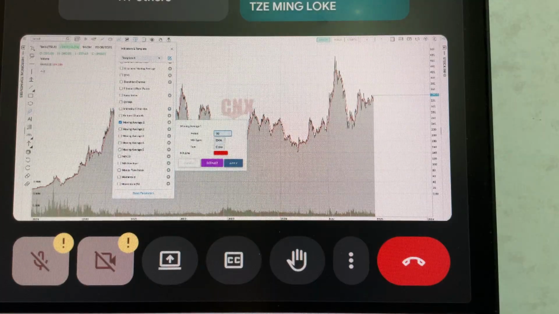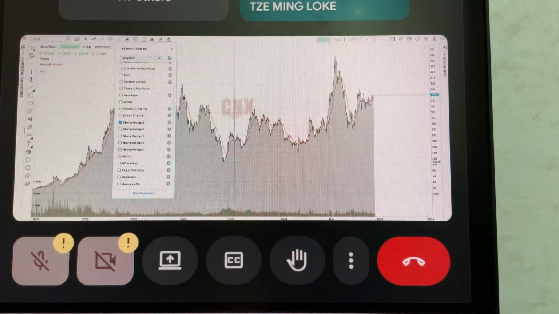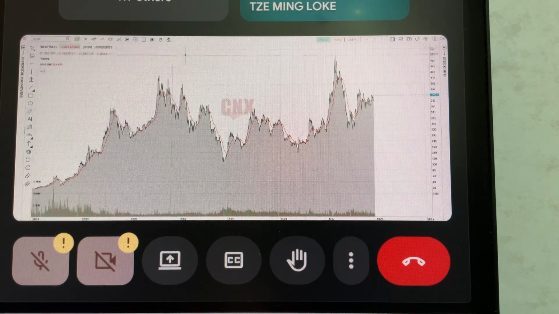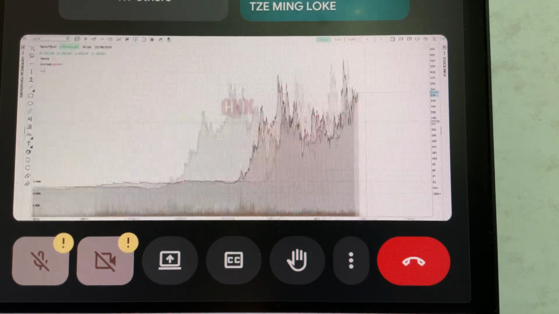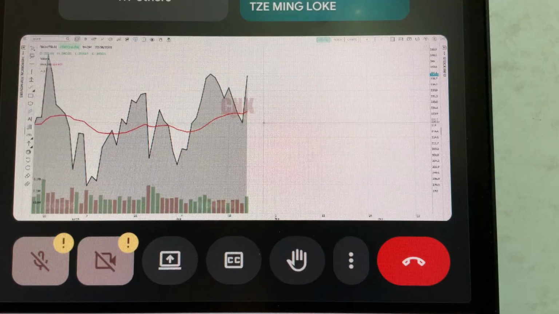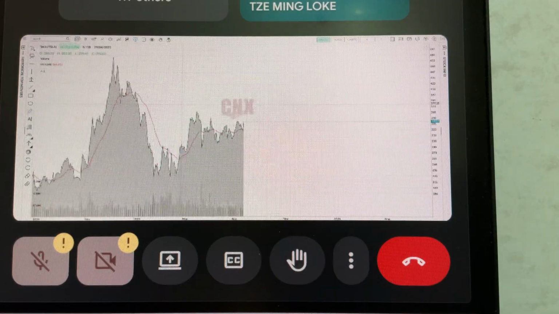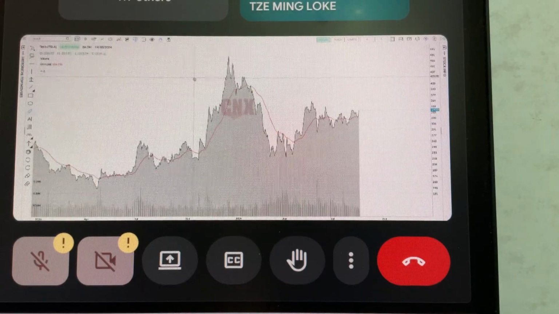If I use 30 days and apply, you will see there is one additional line now on the chart, the red line that you can see.